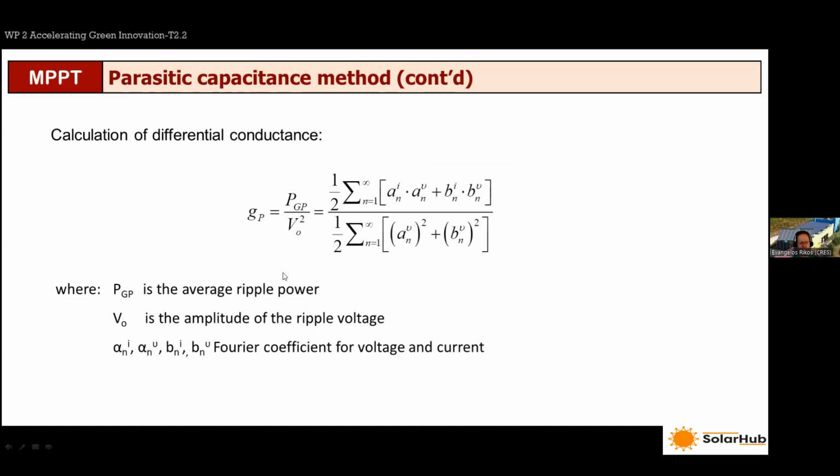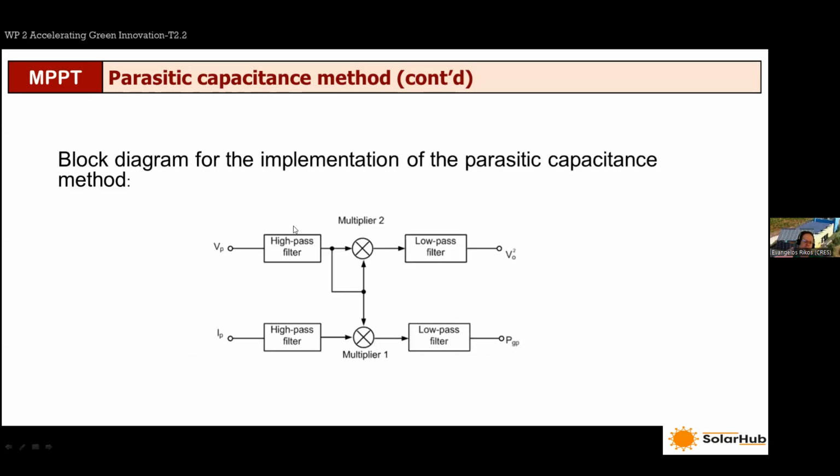So you essentially perform a harmonics analysis, a Fourier analysis, in which you calculate some coefficients here, and you use them in order to calculate this differential conductance.